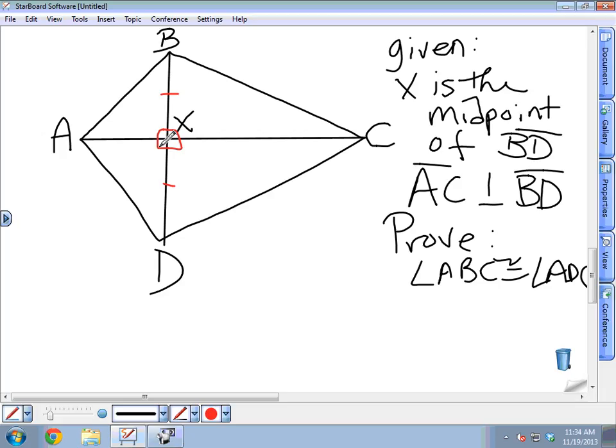Good. You could also put in AXD or CXD. Well, all 4 of those are right angles. That's why I put all 4 of those are right angles, right?